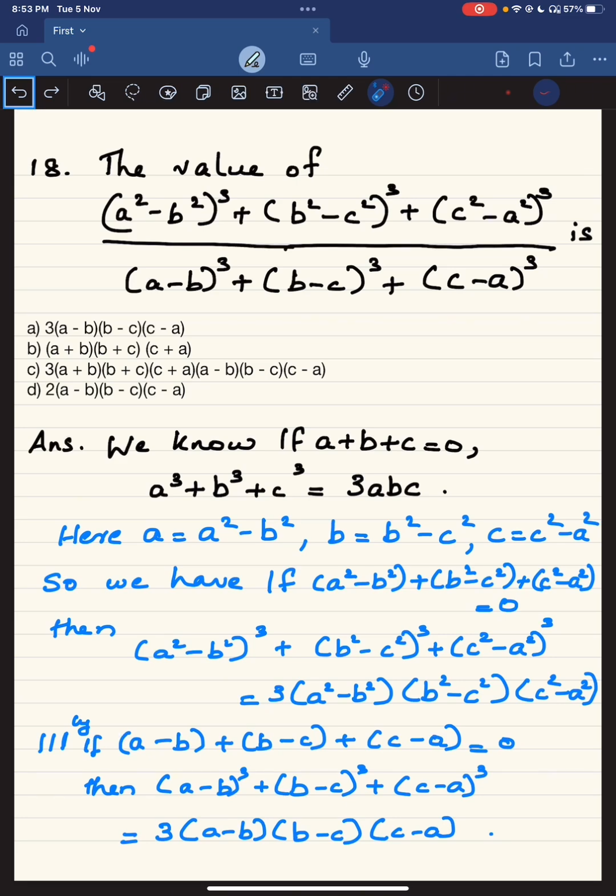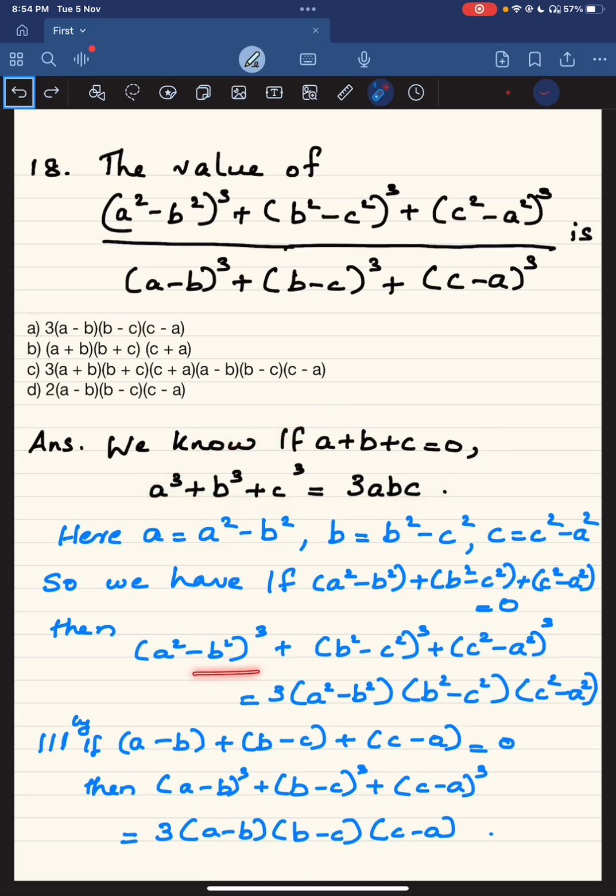So by using this identity, if a square minus b square plus b square minus c square plus c square minus a square is equal to 0, then (a square minus b square) whole cube plus (b square minus c square) whole cube plus (c square minus a square) whole cube is equal to, we have to substitute these values in this identity, right?